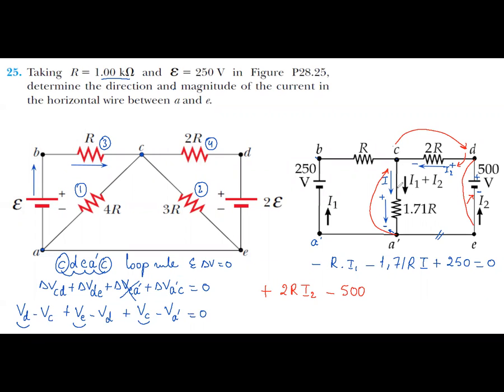Here we have C and here we have C, the same point. C is at the positive side. So we have plus, the voltage at the resistance equals 1.71R times I, equals 0. This is the second equation.